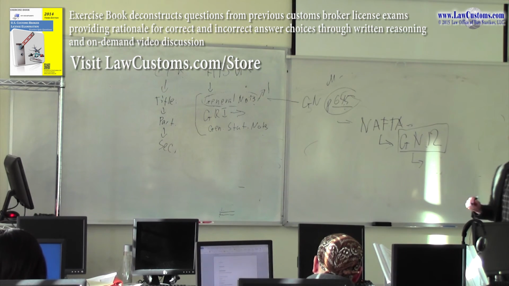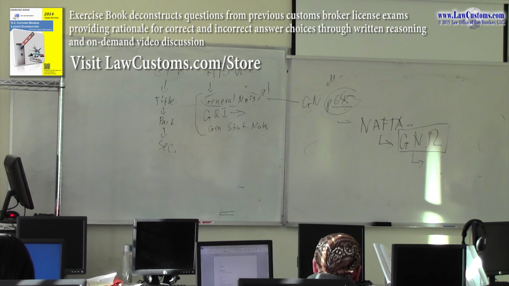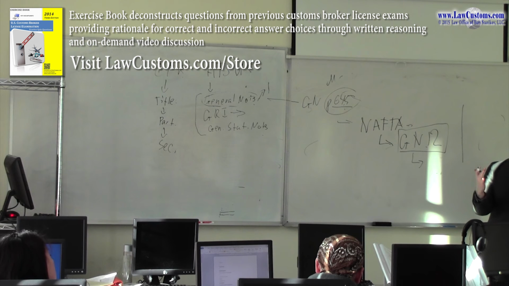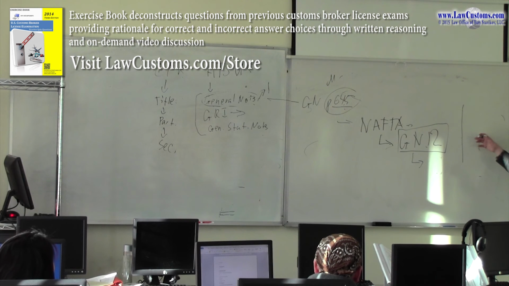Now, since we're talking about the free trade agreements, and we're still building the structure of where everything is in the world of the customs broker examination, we have two different classes, right? First class, Code of Federal Regulations, second class, classification. Well, you can always think about this as, when it comes to free trade agreements, from the classification to the procedural section.